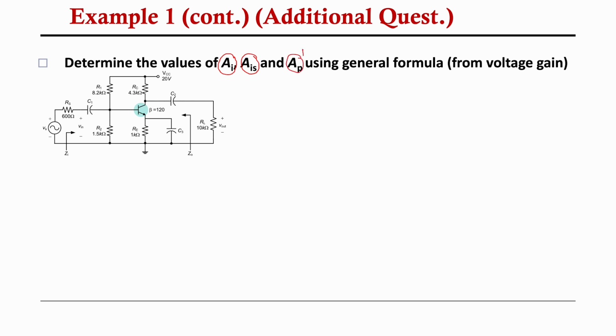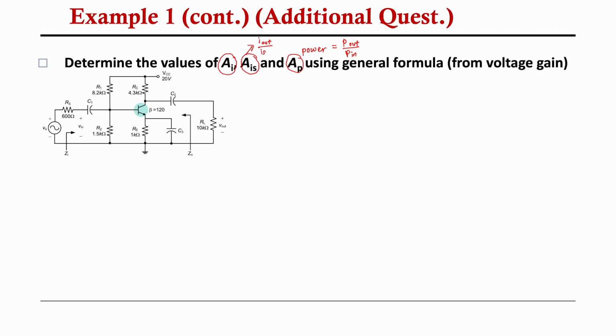The power gain is the power at the output over the power at the input, and AIS is the current at the output over the current at the source.